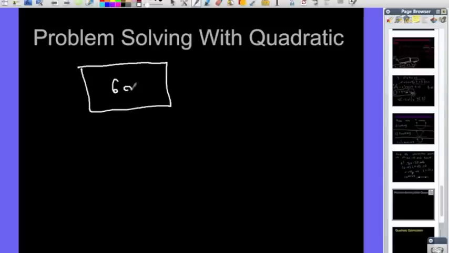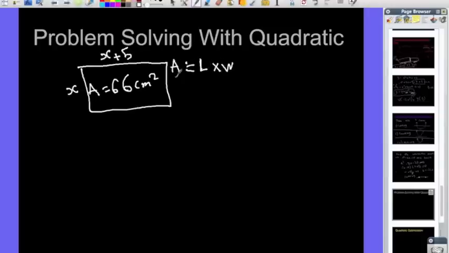So the area is 66 centimeters squared. The length is x plus 5 because it's 5 centimeters longer than the width. So the width would be x and the length would be x plus 5. We know that in order to find the area, we have the formula L times W, which would give us the area, right?